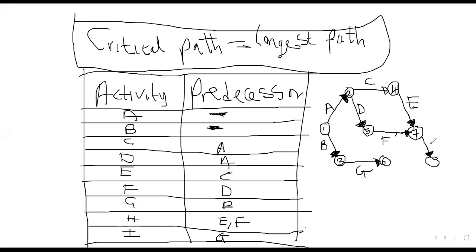There is H that will start. Then after G, there is I. So here you can put 8 here. So after G, there is I. So this is our network diagram.